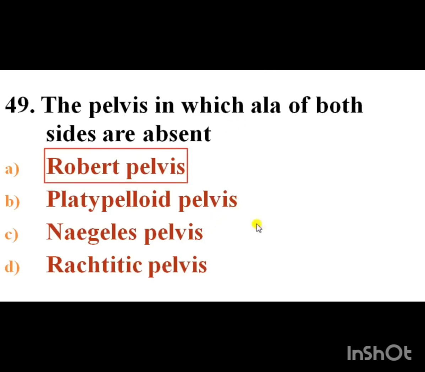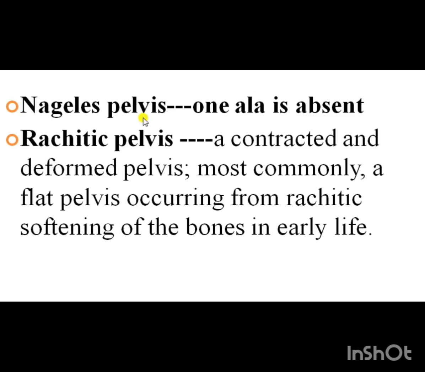We know that platypelloid pelvis is a kidney-shaped pelvis, and Nagele's pelvis is one in which only one ala is absent. Rachitic pelvis is a contracted and deformed pelvis, most commonly a flat pelvis occurring from rachitic softening of the bones in early life, that is after rickets disease.